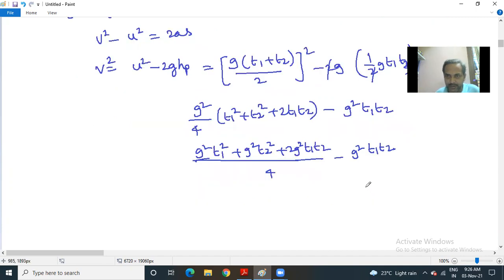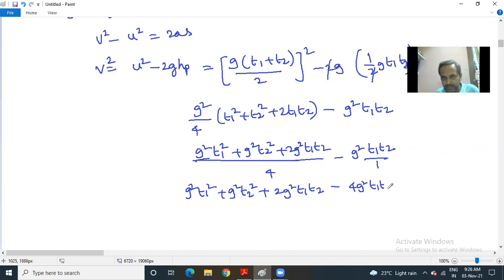You take the LCM here. So it will be g square t1 square, g square t2 square, then here 2g square t1 t2. If you take the LCM, this 4 gets multiplied: 4g square t1 t2 whole divided by 4.